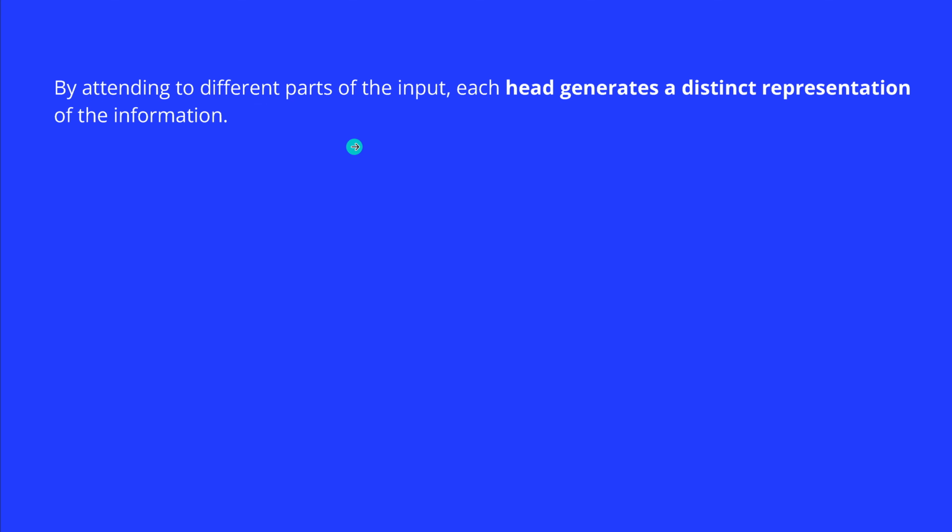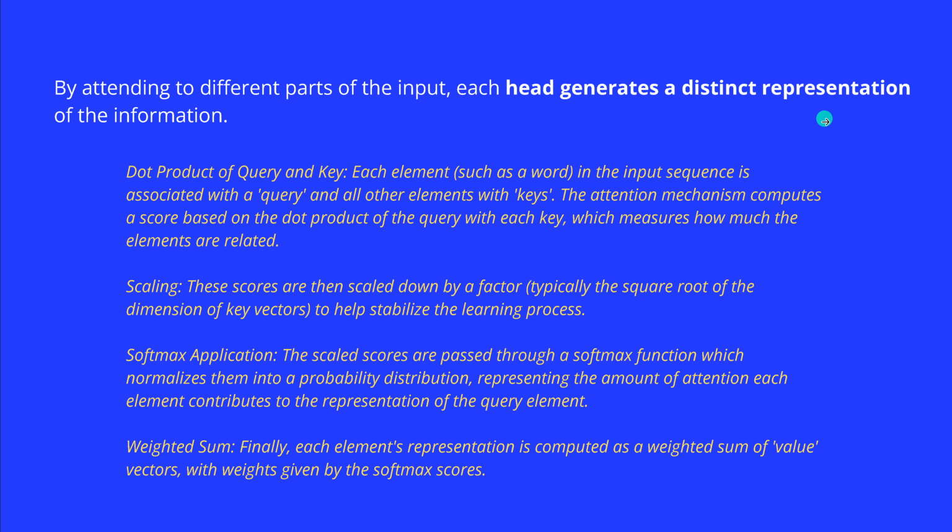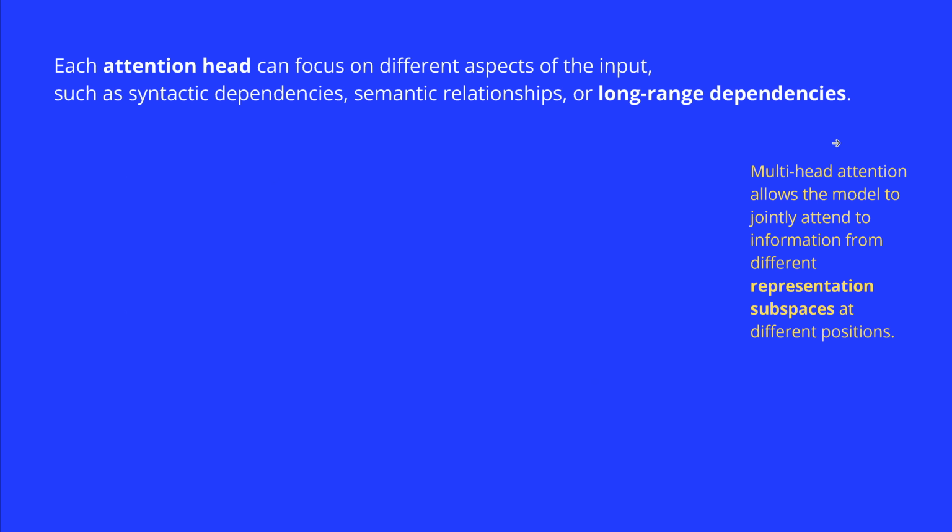Now, by attending to different parts of our input sequence, each attention head generates a very distinct representation of the information. And if you want to know again, this is how this is done. Now, each attention head can focus on different aspects of our input sequence.